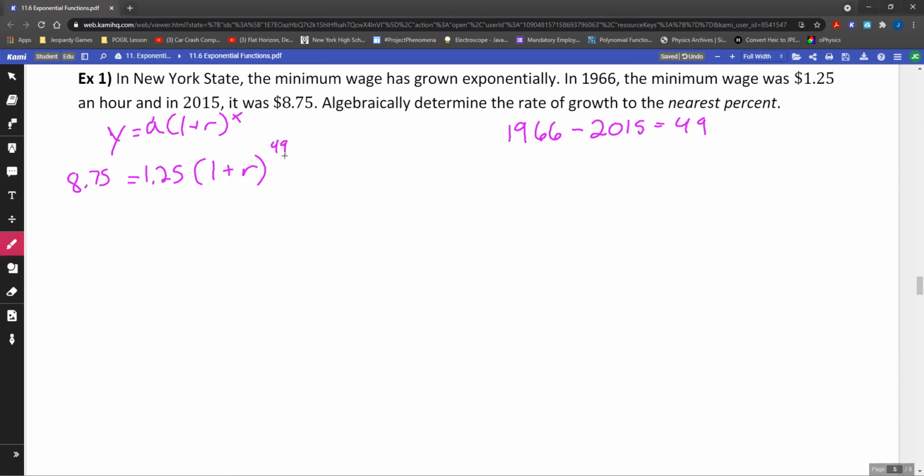All right. So from here, I do the same thing that I did in the previous examples, divide both sides by 1.25. So this becomes 7. Do the reciprocal of the exponent to move it over.